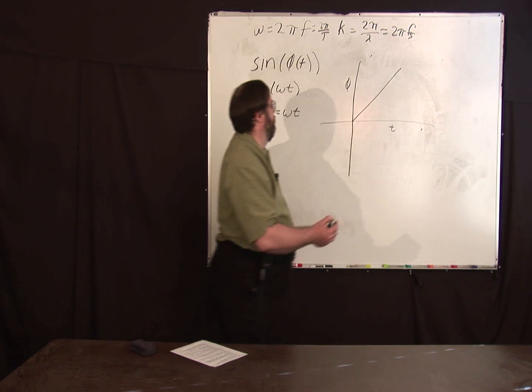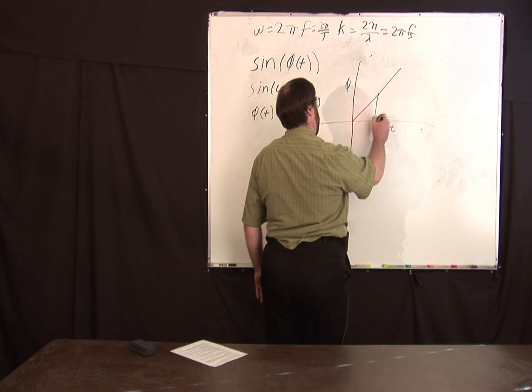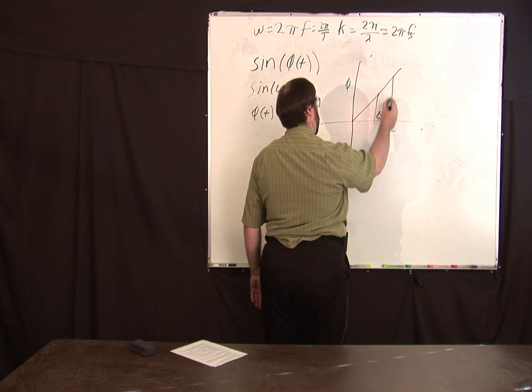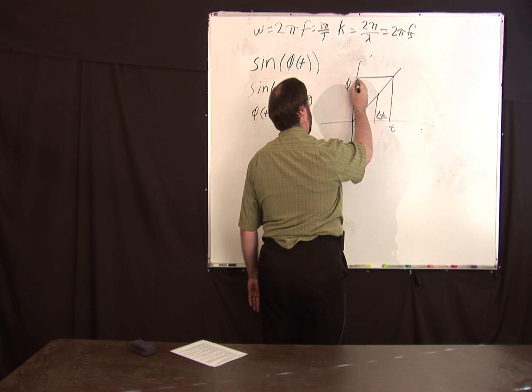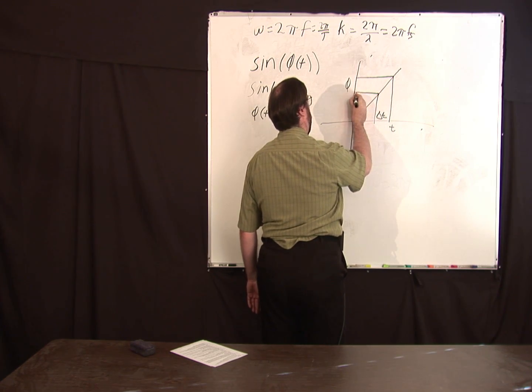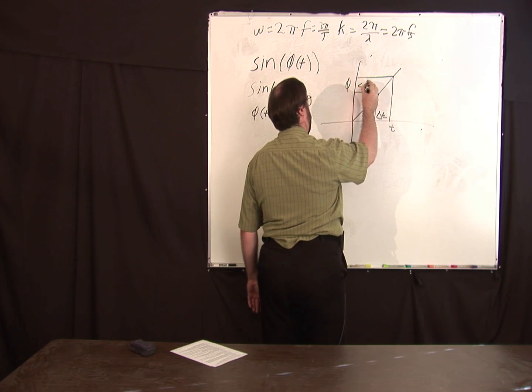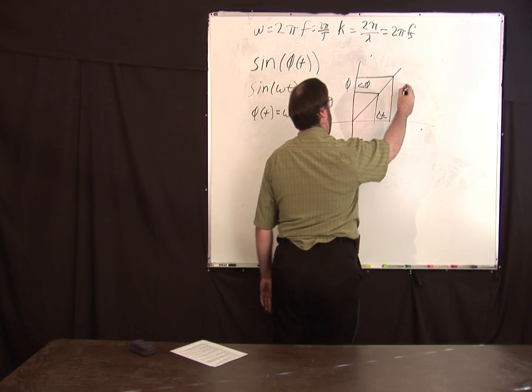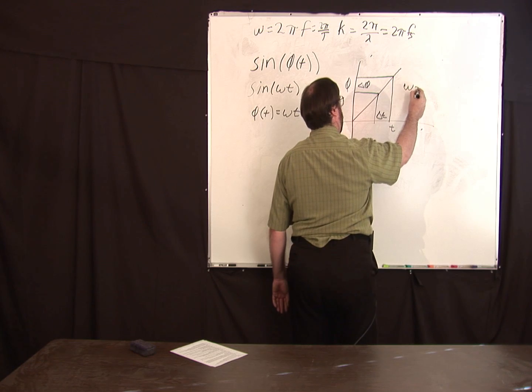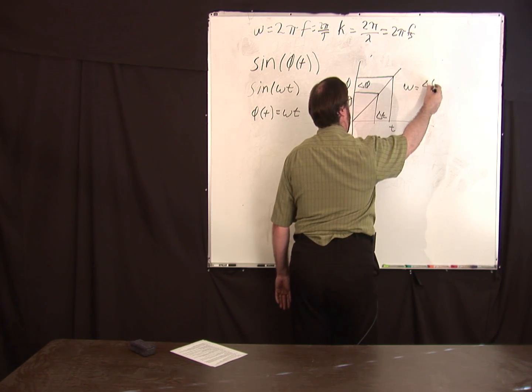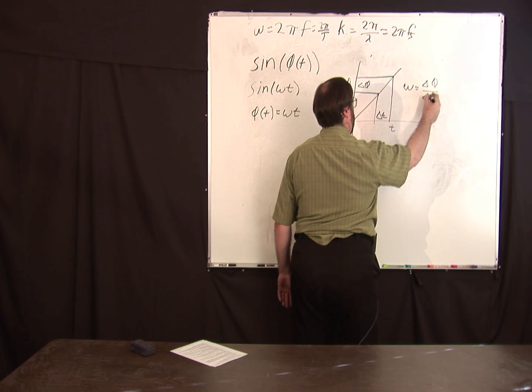So that means for a change in t, delta t, the slope, right, and you're going to have a delta phi. And the slope, omega, equals delta phi over delta t.